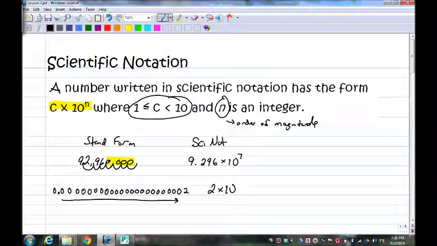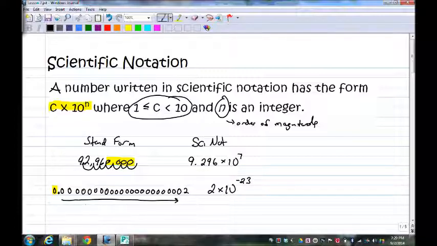Now how many places would I have to move it? Here's a little trick when you're doing scientific notation. If there's a leading 0, which this one does, you can just count the number of zeros and that's how many places it moved. If you remember, when I was writing them, I counted to 23. So I'm going to write 23. But now, because this is a tiny number, it was actually a negative 23.